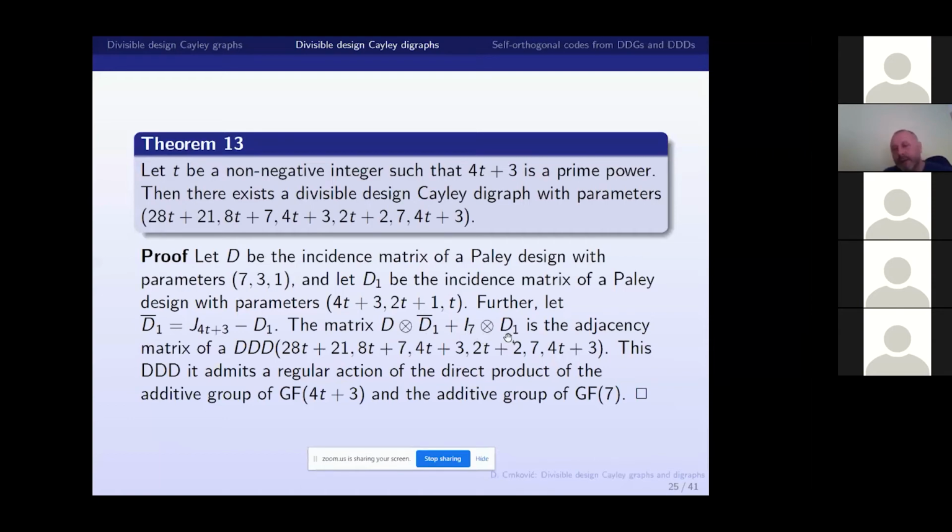It can be checked that this is the adjacency matrix of a DDD with these parameters. And from this construction, it can be seen that this DDD admits a regular action of the direct product of the additive group of the field of order 4t+3 and the additive group of the field of order 7.